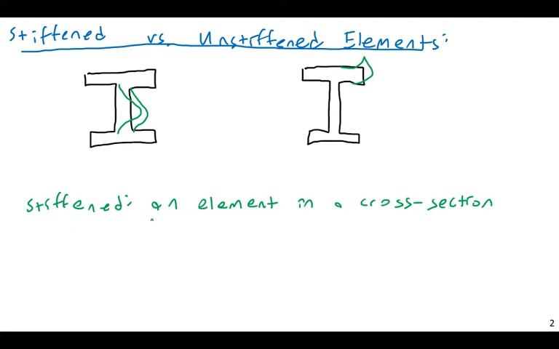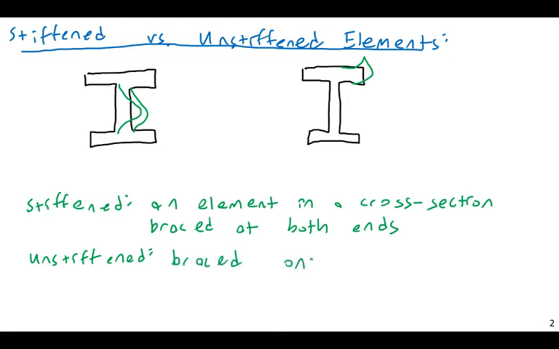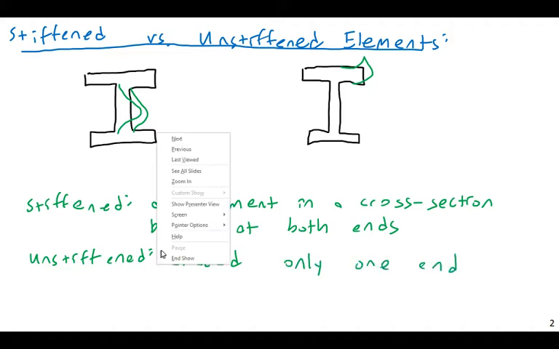Braced at both ends. And unstiffened cross-sectional elements are just braced at only one end.